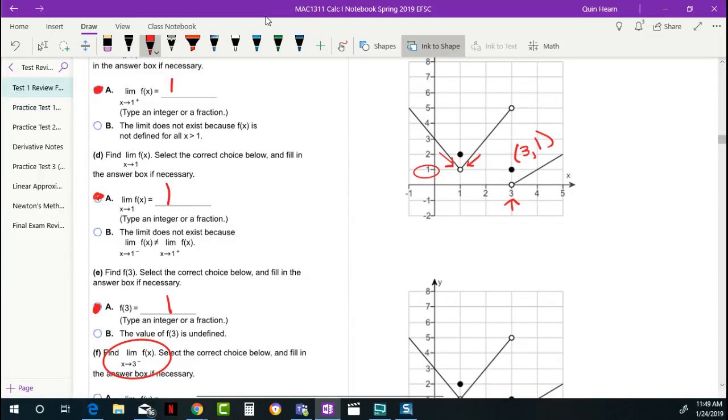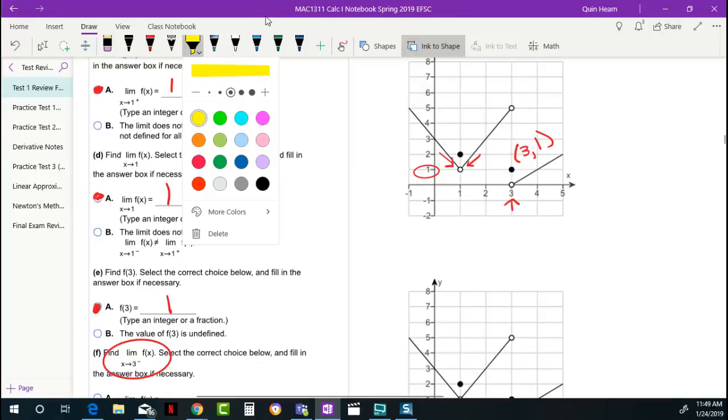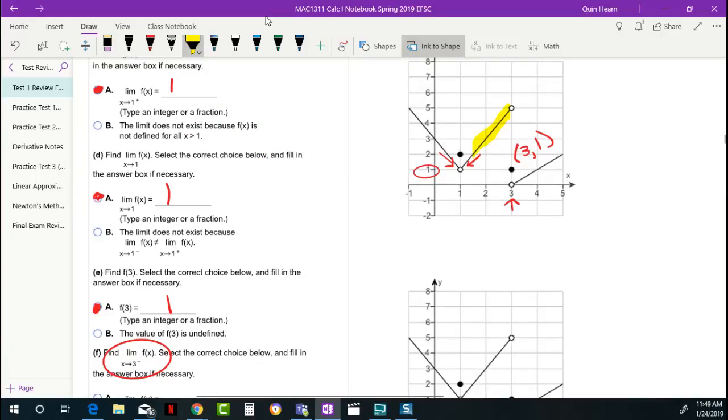The limit as x approaches 3 from the left, we're actually looking at the left side of 3 here. Okay, so coming in towards 3, sometimes people have trouble visualizing this, so I'm going to draw a dashed line. All of this is the x value 3, right?